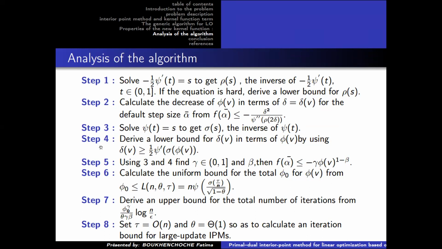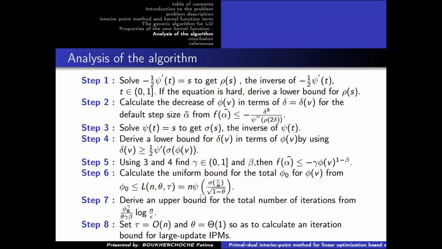Step 4, derive a lower bound for delta of V in terms of phi of V by using the formula. Step 5, using step 3 and step 4 to find positive gamma and beta, then we find this formula. Step 6, calculate the uniform bound for the total phi 0 for phi of V from this formula.